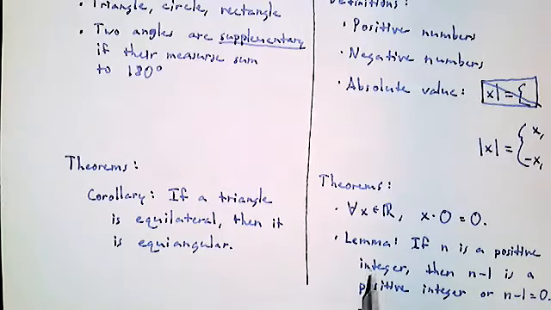Okay, so like I said, this is called a lemma because by itself, it's really not very interesting. It's not even as interesting as this corollary about triangles. This just tells us what happens when we count down integers. So if you count down one integer in the positive integers.